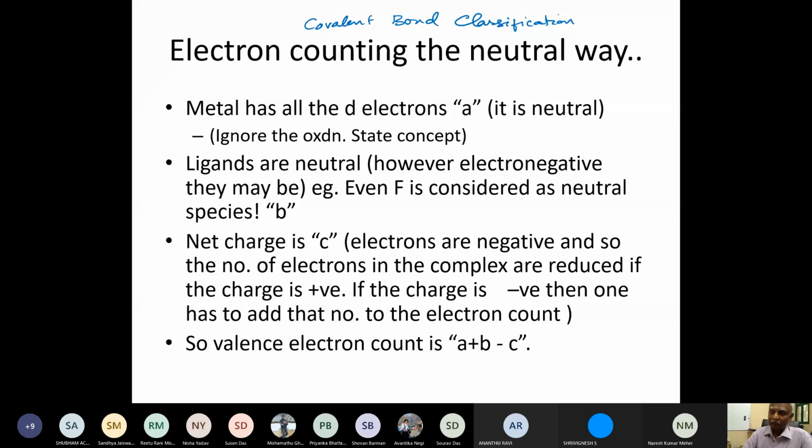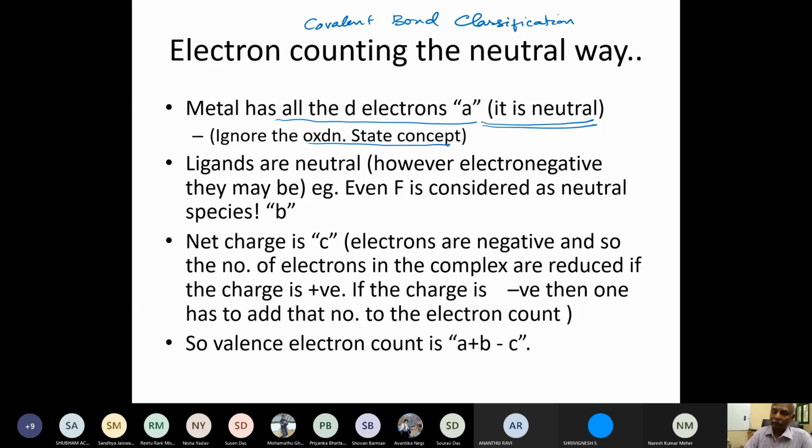So in the neutral method, irrespective of what ligands are around, the metal contributes all the d electrons. So it is always considered to be a neutral species. You ignore the oxidation state concept. And similarly, you do the same thing for the ligands.